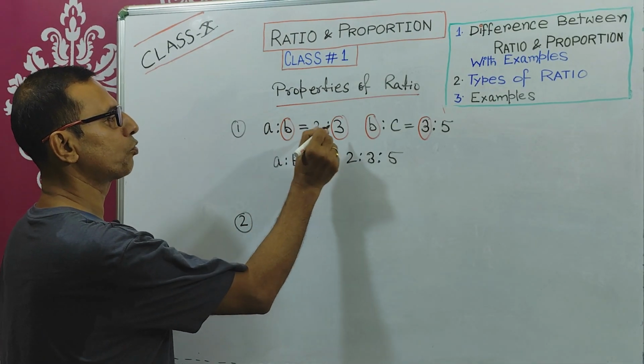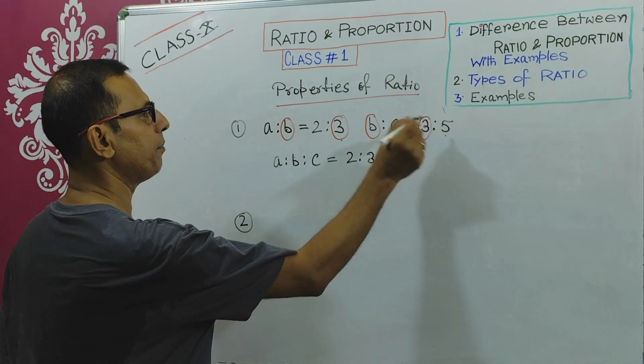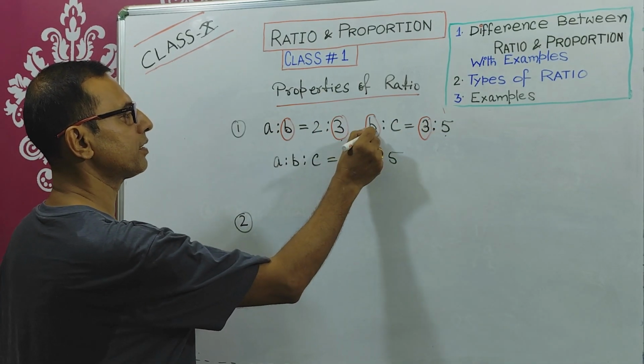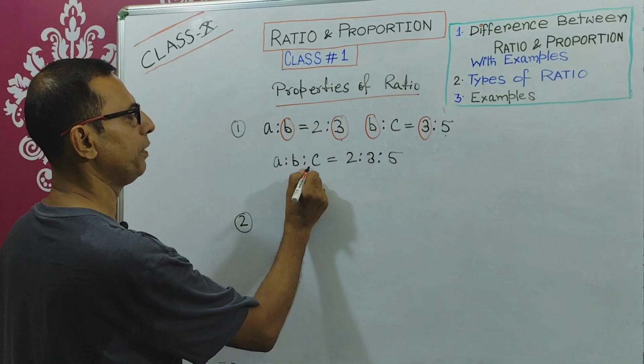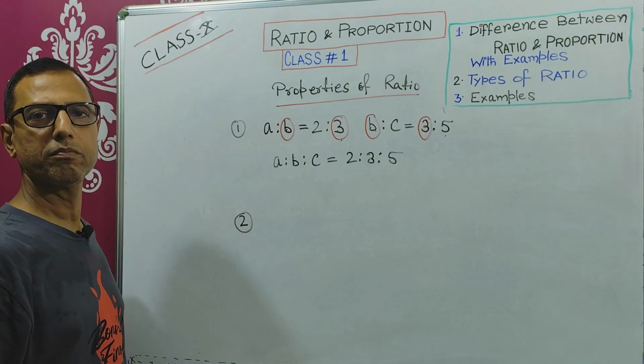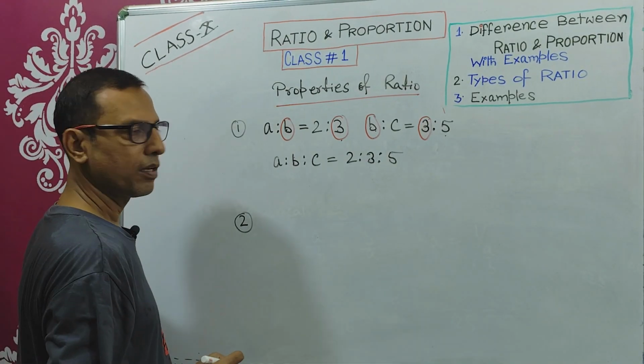If A is to B equals 2 is to 3 and B is to C equals 3 is to 5, entity B is there in both cases and the value is the same in both cases, 3. That means you can say A is to B is to C equals 2 is to 3 is to 5. Got it? That is one thing.